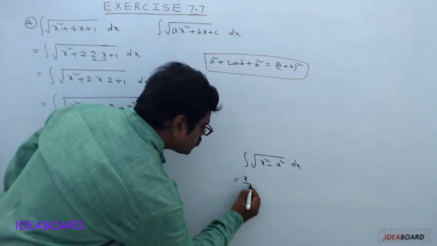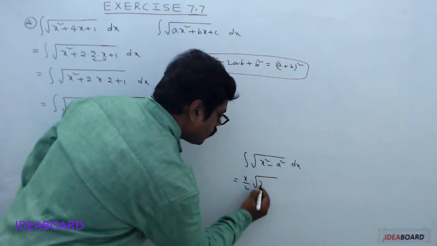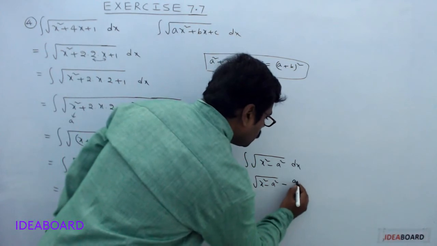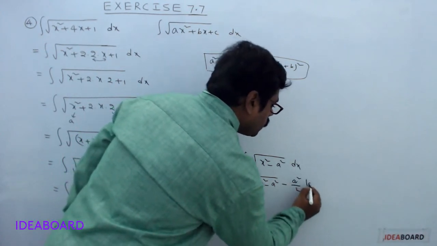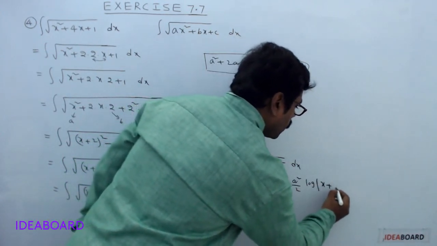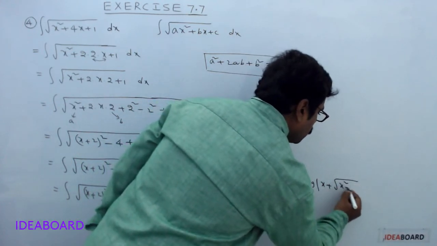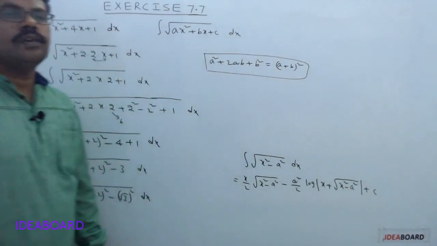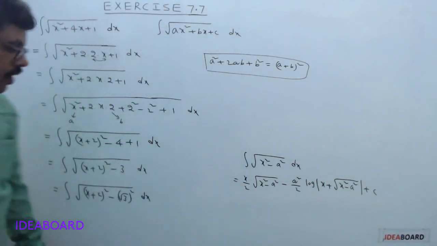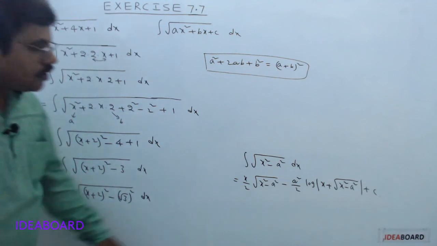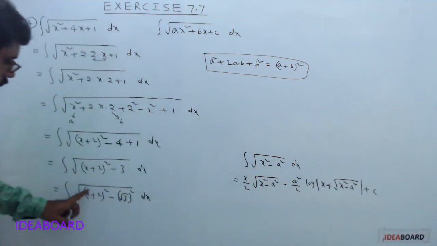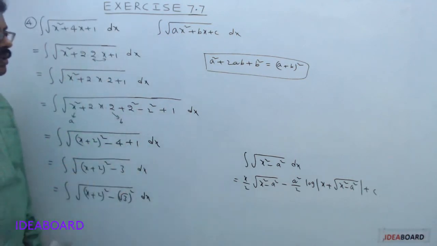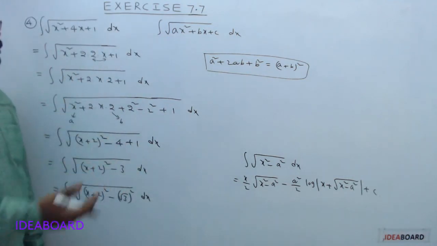It is x by 2 into square root of x square minus a square minus a square divided by 2 into log mod of x plus square root of x square minus a square plus a constant c. So use this formula on this term. Just you have to replace x with x plus 2 and a with root 3. First note down these steps, then we will discuss the continuation of this problem.